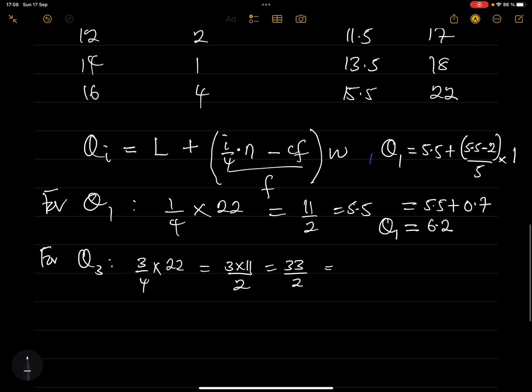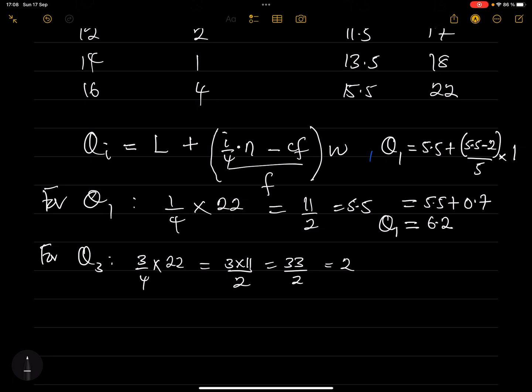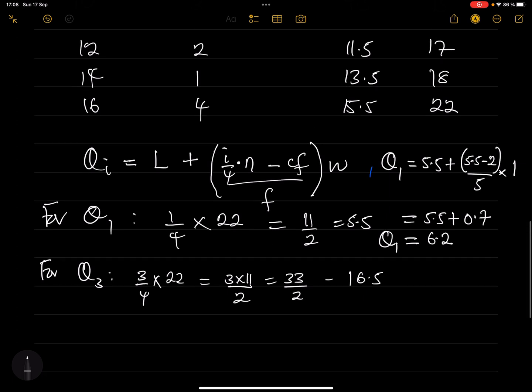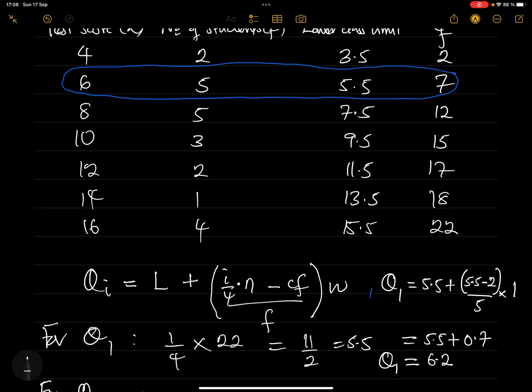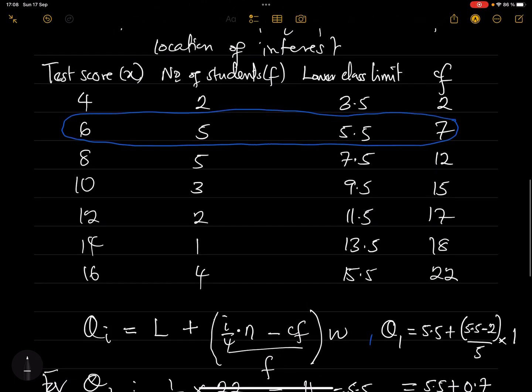Tell me. This gives 16.5. So this is the cumulative frequency of the location of interest. So when I go back to the table, the cumulative frequency of the location of interest, 16.5, you see it is greater than 15, but it's less than what? 17. So for Q3, the location of interest is here.